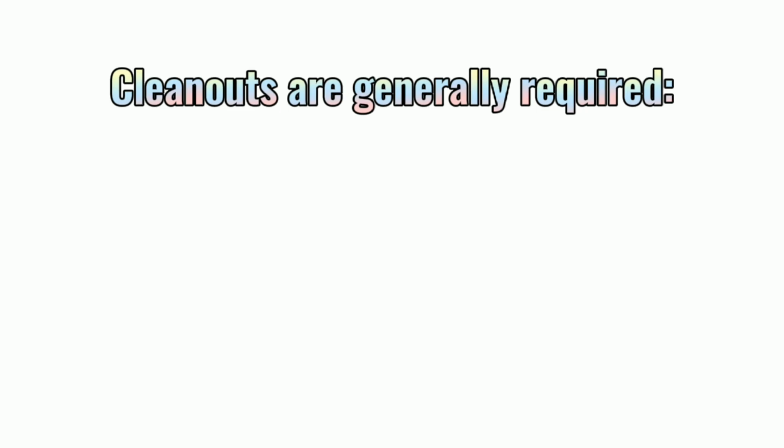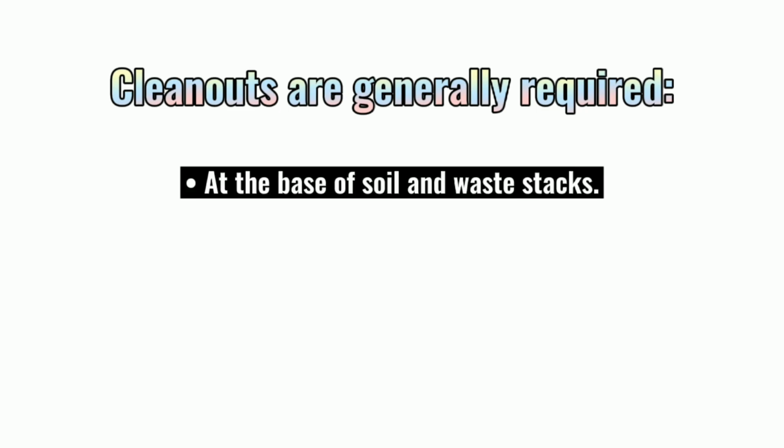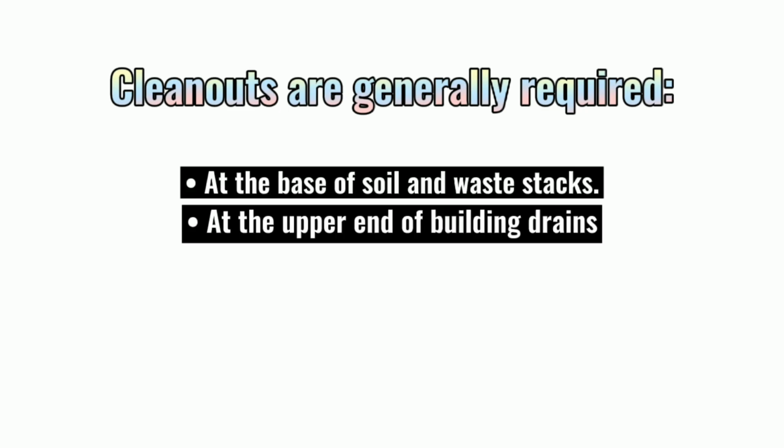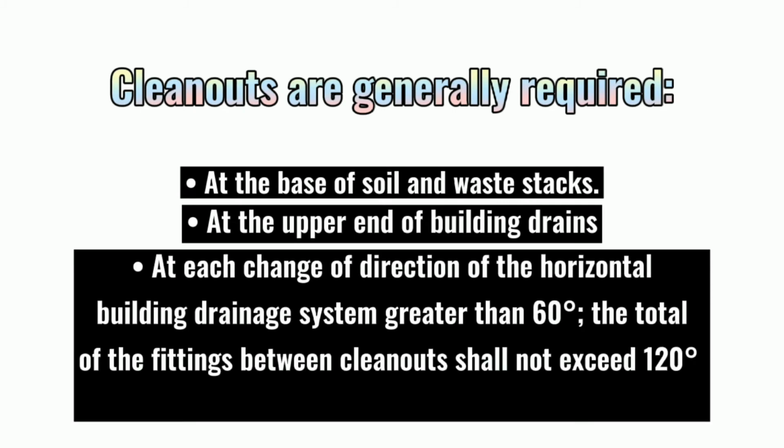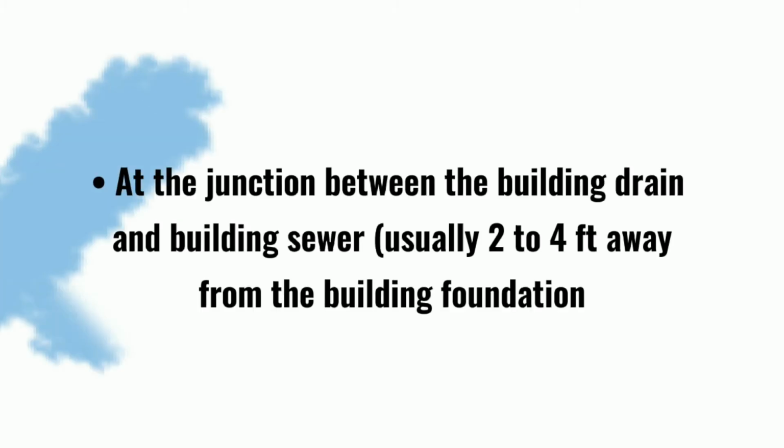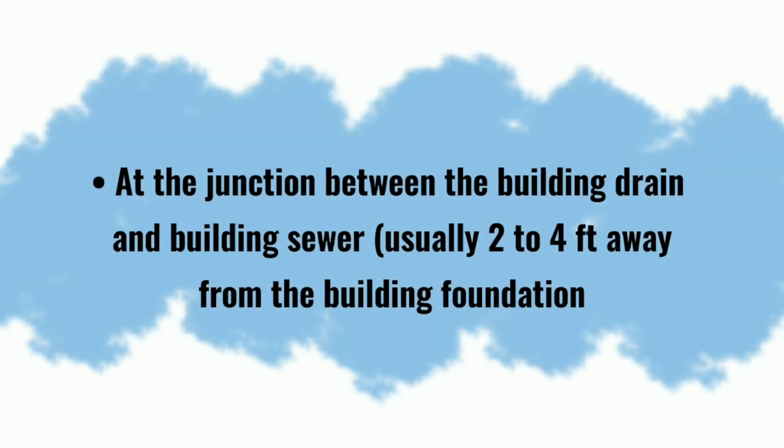Cleanouts are generally required at the base of soil and waste stacks, at the upper end of building drains, and at each change of direction of the horizontal building drainage system greater than 60 degrees. The total of the fittings between cleanouts shall not exceed 120 degrees, and the junction between the building drain and building sewer is usually 2 to 4 feet away from the building.